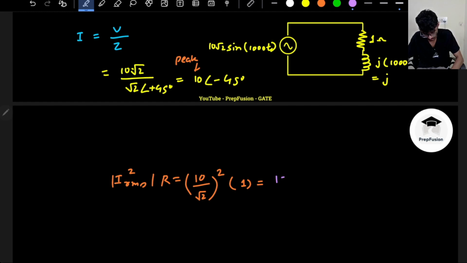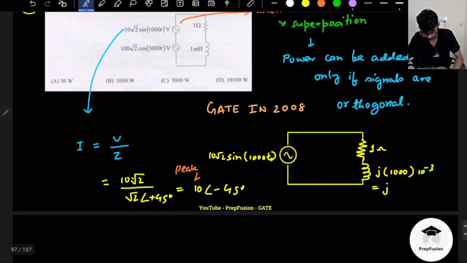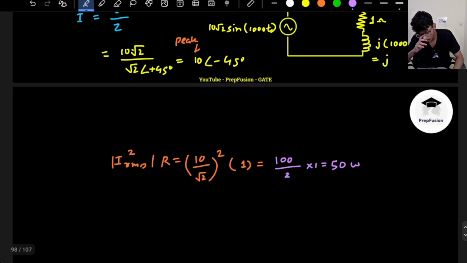So this will be 100 divided by 2 into 1, 50. It is 50 watts. So that is the power consumed by the first source.